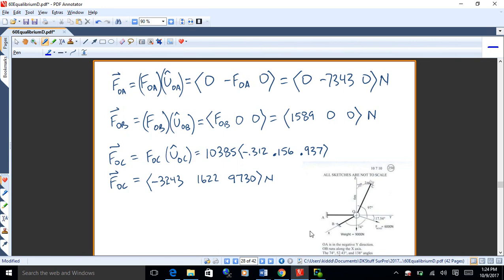Everybody all right with that little bit there? Just factor the magnitudes through the unit vectors for the unknowns. That's all we're doing there.